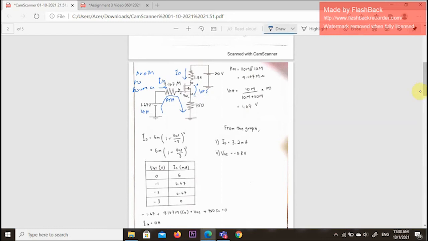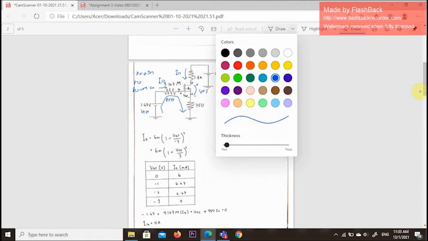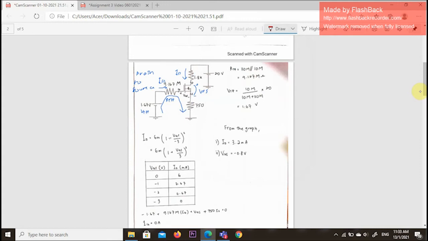This is VDS, so we can apply a KVL loop in here, which is this red pen.